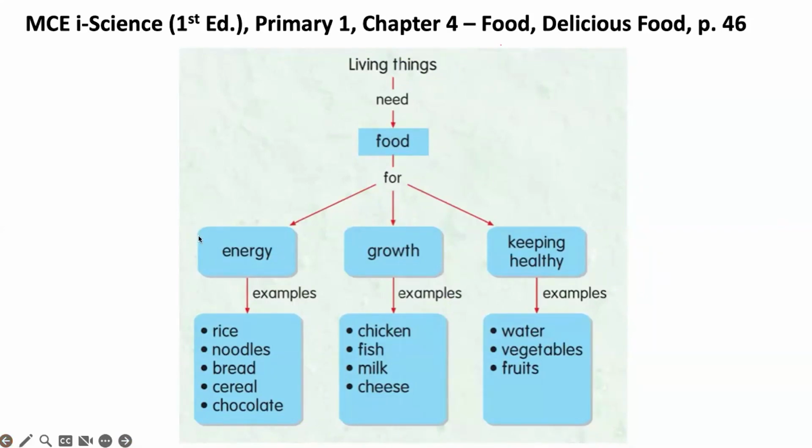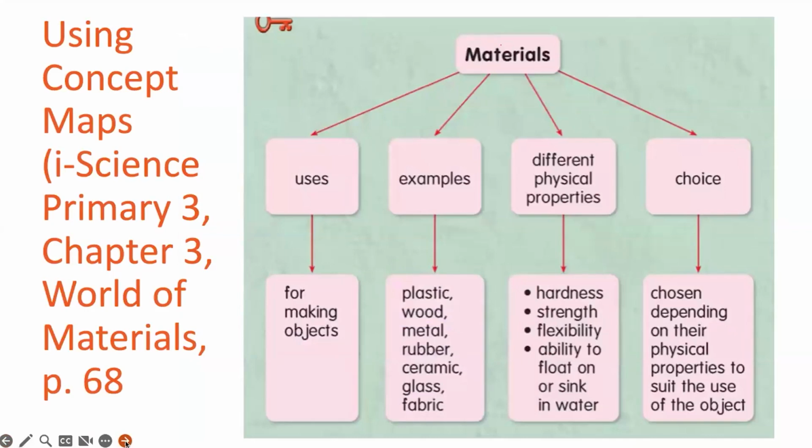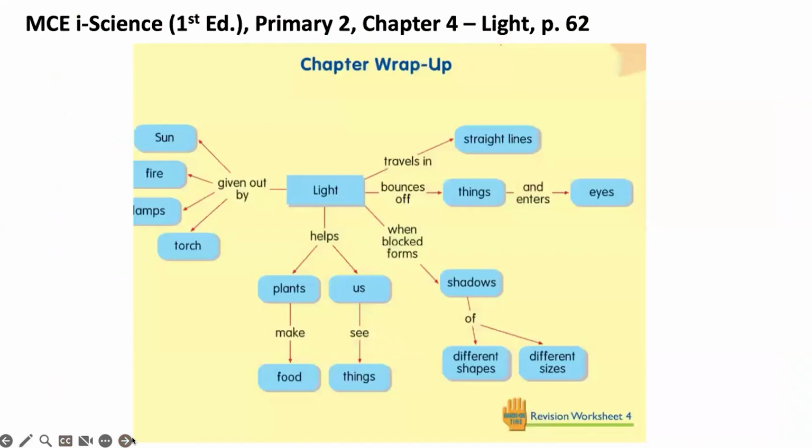In concept map number 1, you can see that it says there, food for energy with examples, okay? But if you look at number 2, you see arrows, but you don't see the linking words, right? Of course, you can redraw that. You can say materials used for, and then you can put down different objects, okay? Now, if you look at number 3, again, you see the arrows with the linking words.